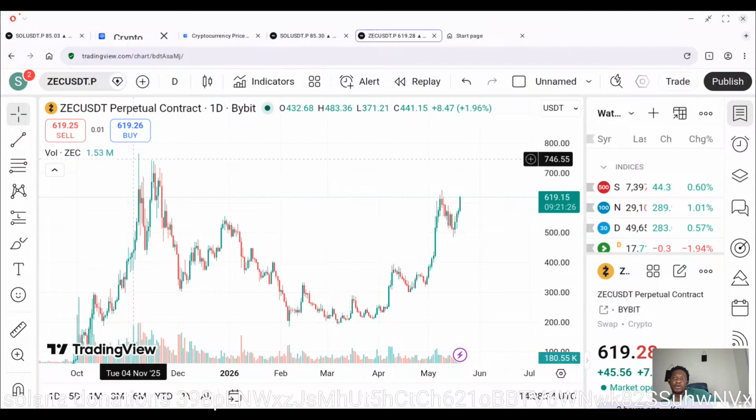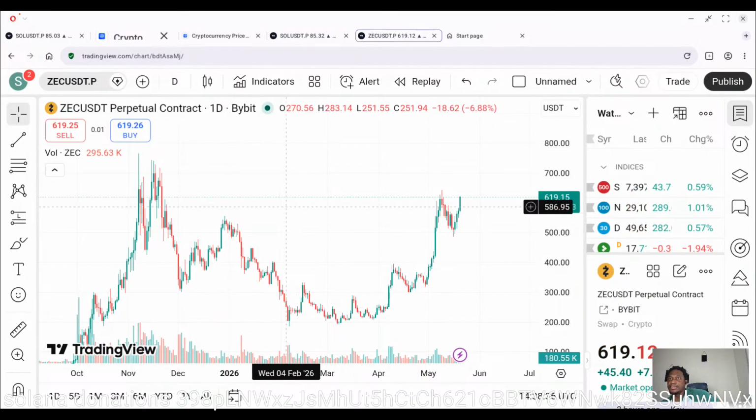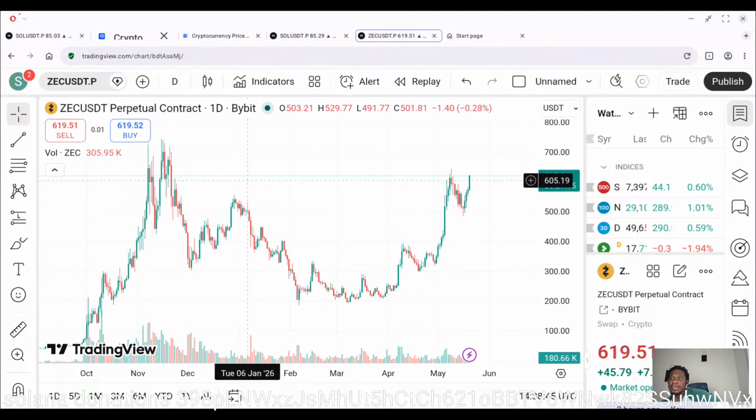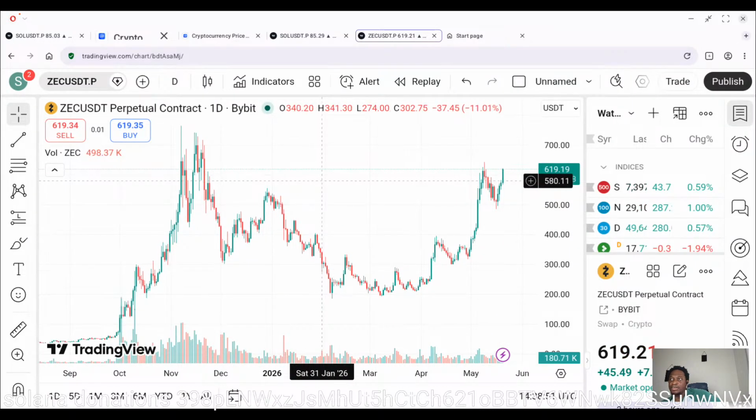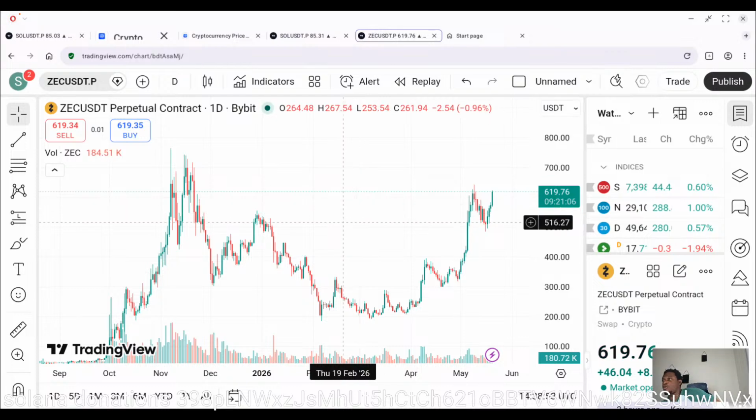For those of you who don't know, this is a privacy token. They've been around for so many years, like since the days of Bitcoin Gold. ZEC has been around. And look, while every other coin is going down, this coin is still remaining strong.